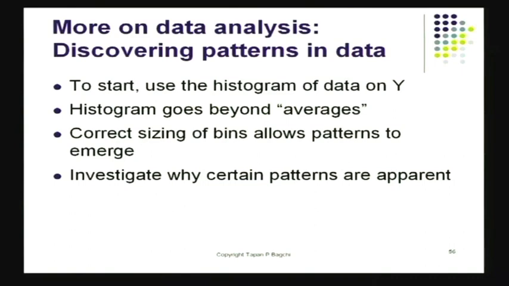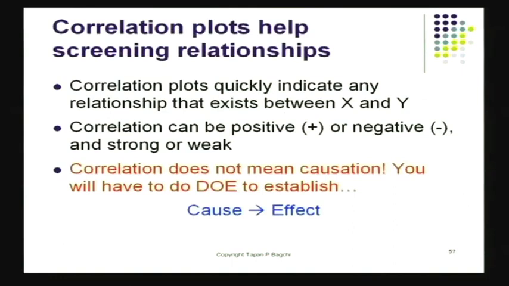Now we slowly move toward data analysis. Basically, what we'd like to do is see some patterns in the data. And one way to do that, if you've got multiple variables, is to take a look at some correlations and see whether we can at least speculate about some cause and effect.